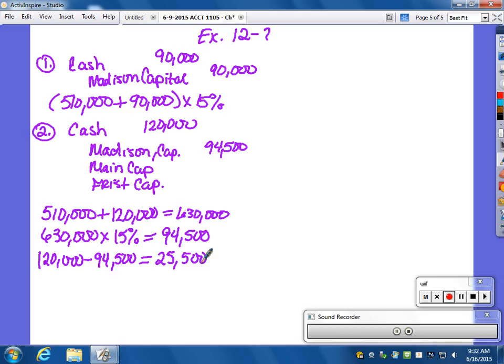Keep it simple. 25,500 times 80%. That's whose ratio? Main. How much is this? 20,400. And whose capital is this?